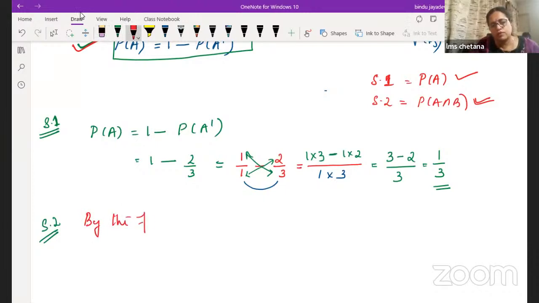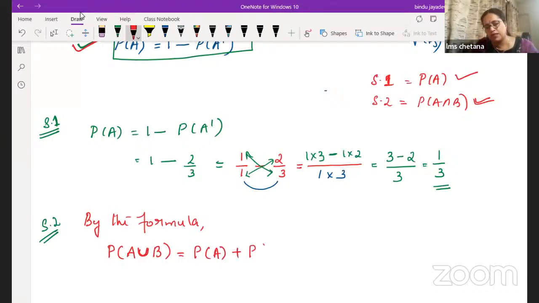What is the formula? Probability of A union B, union means U, equal to probability of A plus probability of B minus probability of A intersection B. This is the addition theorem for probability.